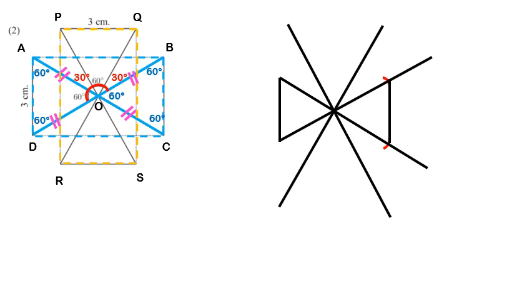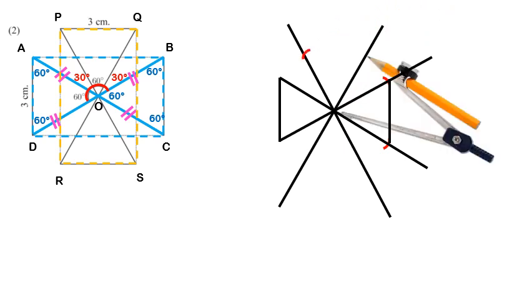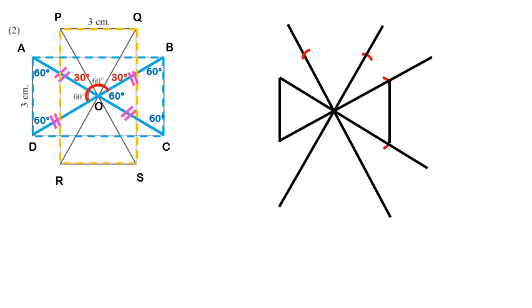And we know two rectangles must be equal. So its length of diagonal also equal. Then take half of its diagonal in a compass and draw arc to the diagonal of second rectangle from its center like this.